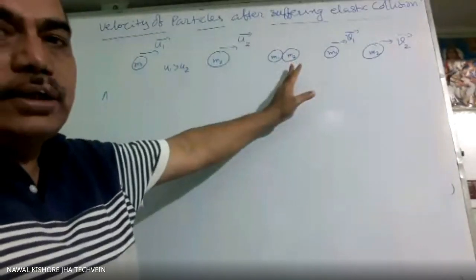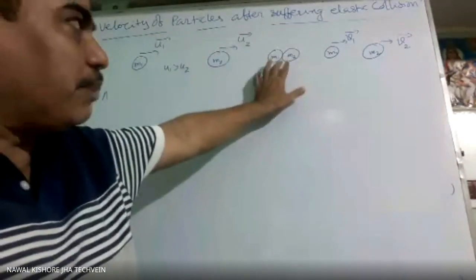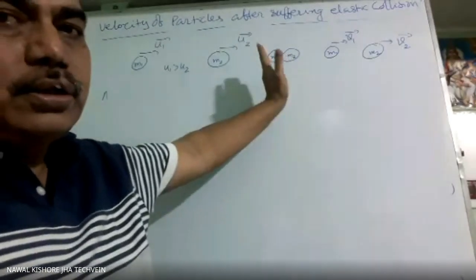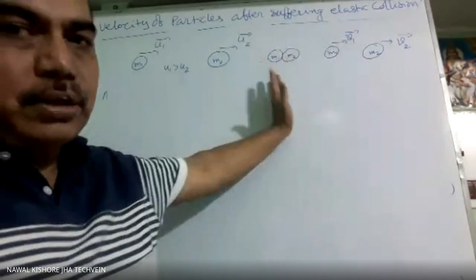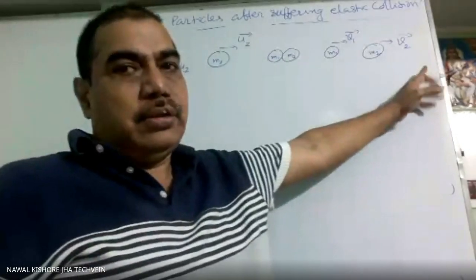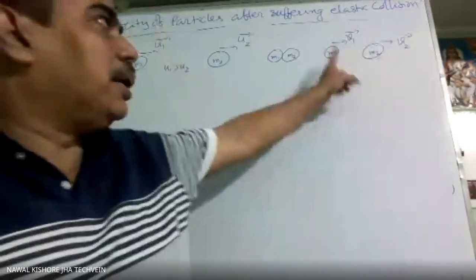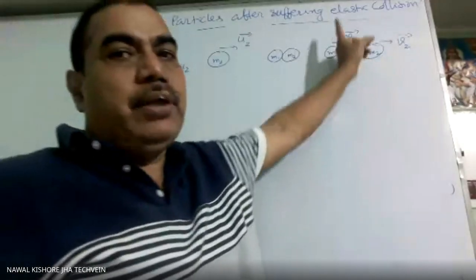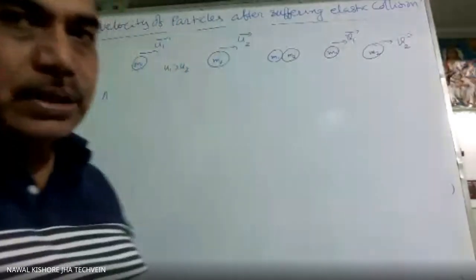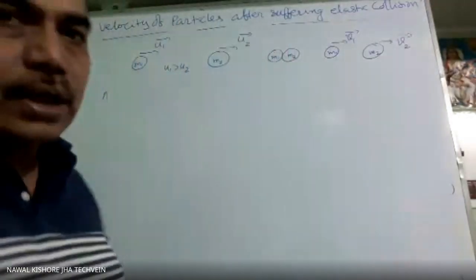Let them collide. They remain in contact for some time. During this period, each applies force on the other, and finally they separate. After collision, let their velocities be v1 and v2 respectively. If a derivation is asked, you are supposed to write like this.